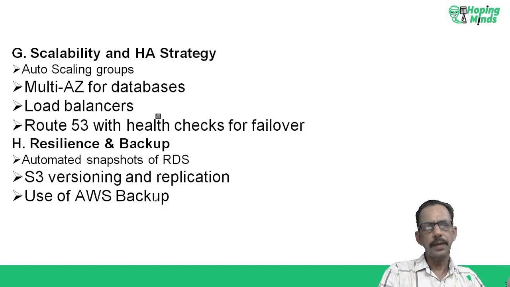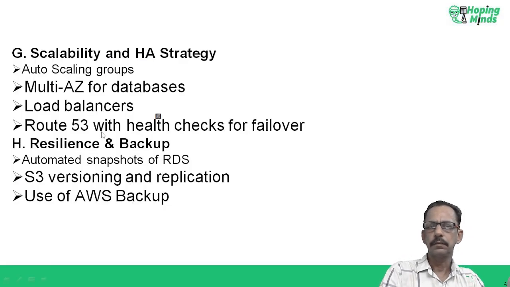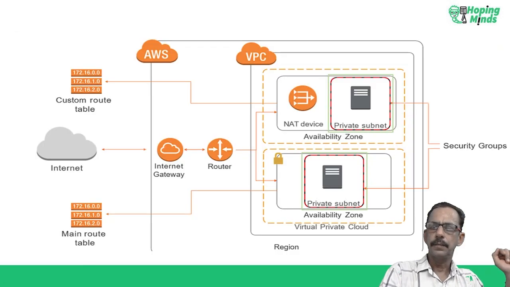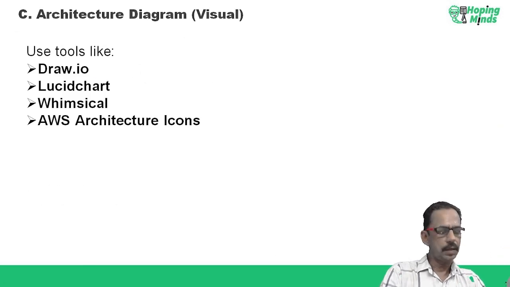Now it depends how you want to present your creativity or your technical competency. Okay? So this is all regarding the designing part. Personally, I prefer draw.io as the best.